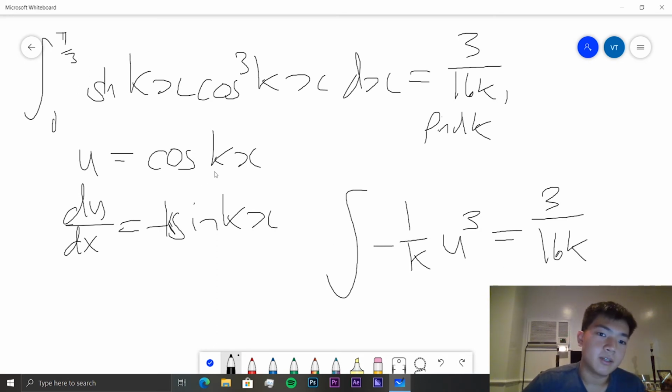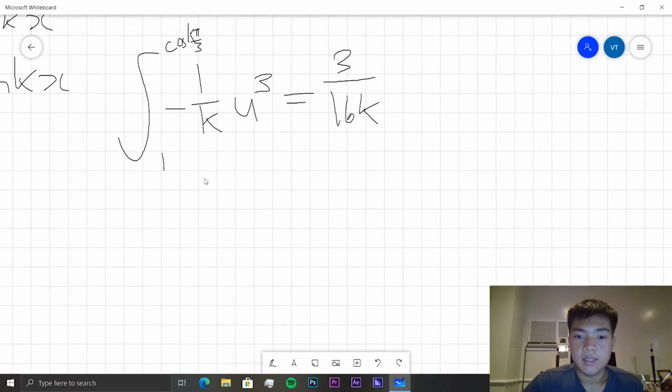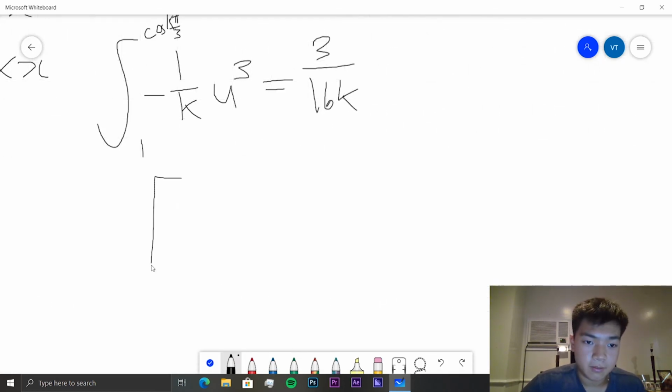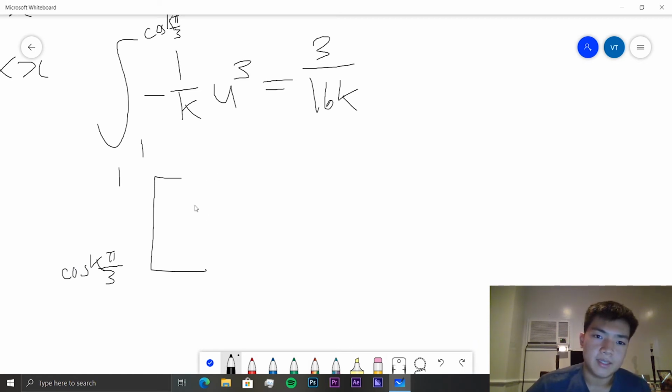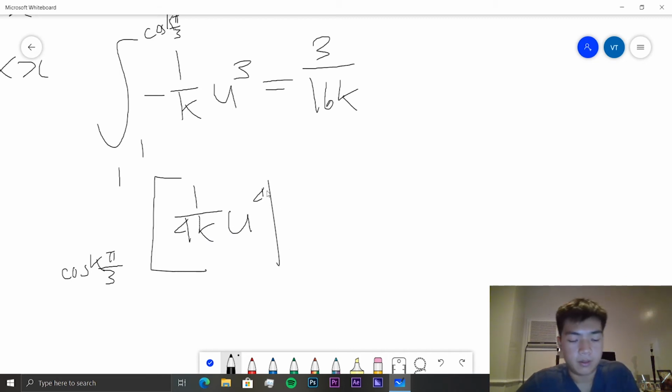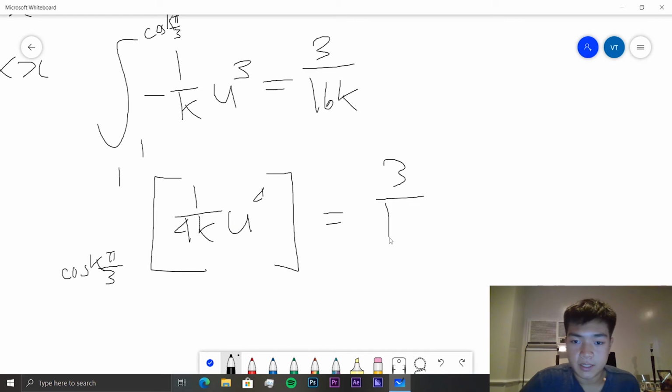And to change the limits, we have cosine of k pi over 3, and cosine 0 is going to be 1. So if we integrate this, we get between 1 and cosine k pi over 3 of 1 over 4k u to the 4, which should be equal to 3 over 16k.